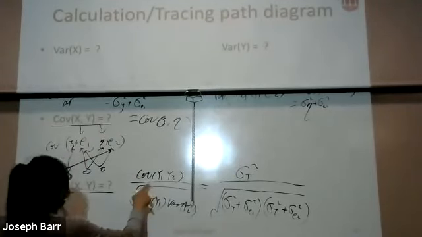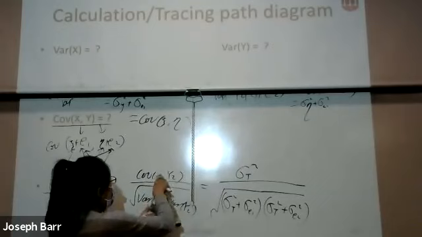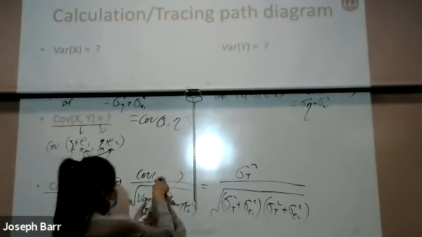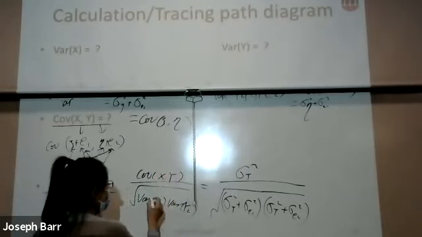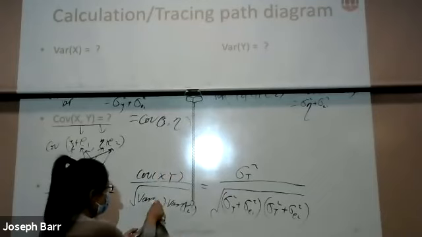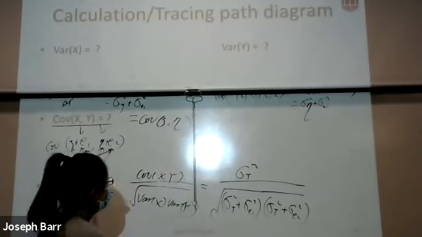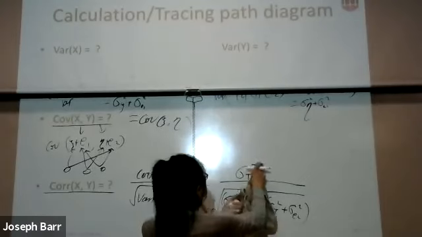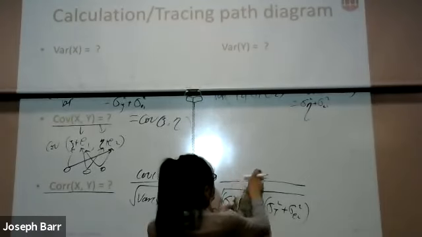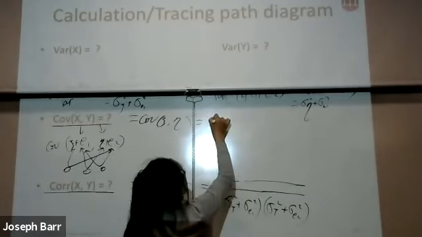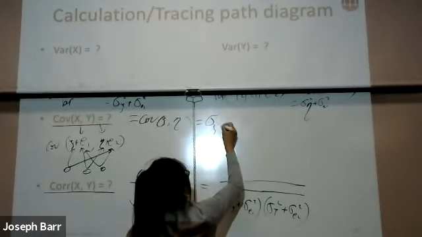So here we have x, y. We can assume this is a covariance between ksi and eta.